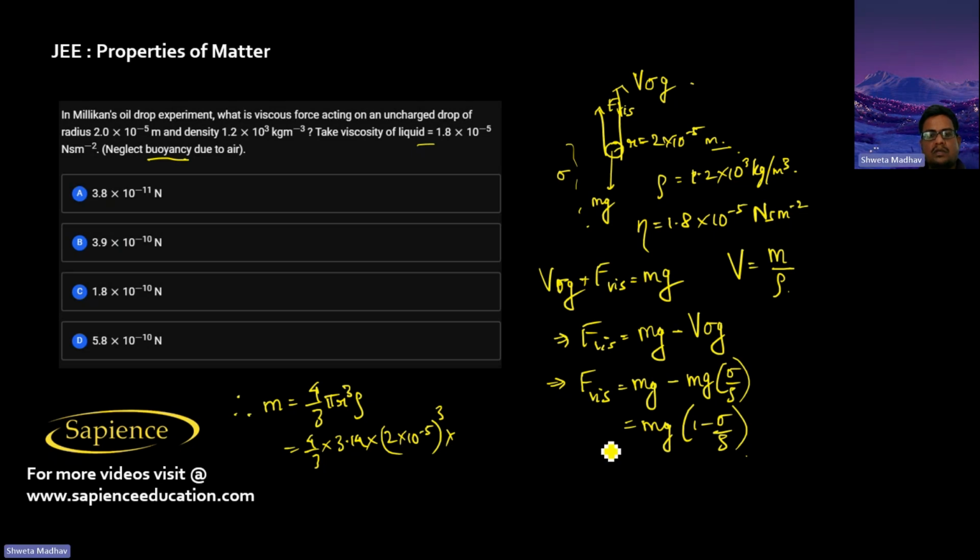Here actually mg only will be there, since outside there is air only, and the buoyancy of the air we have to neglect. So therefore the viscous force will be equal to mg, which is 4 by 3 pi r cube into rho into g. Rho is 1.2 into 10 power 3.